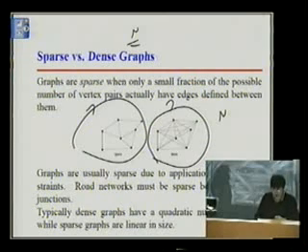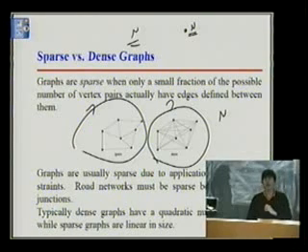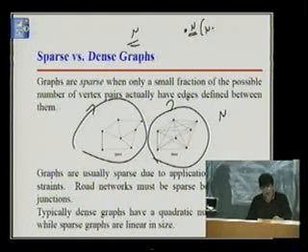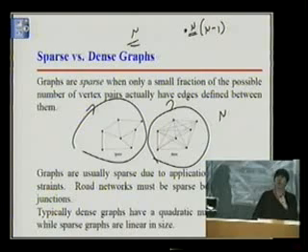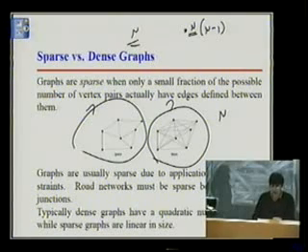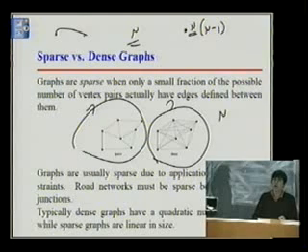Why is it n squared-ish? You have n vertices. Each vertex has how many buddies? If it's simple, how many vertices could it be connected to? N minus 1, not n, if it's simple, because the nth vertex is itself, right? And each edge is being counted twice if it's an undirected graph, right? Because an edge from me to you is the same as the edge back and forth.